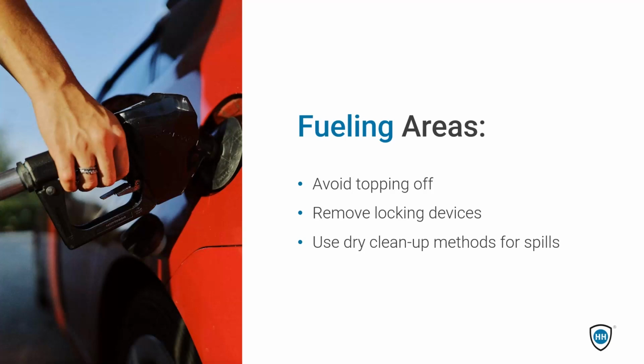So this is if you're able to pull up the handle on the fuel dispensing valve and then flip down the lever and walk away, that can be a problem, because if it doesn't stop in time, you're going to have an overflow and you're going to have a mess to clean up. And when you do have a spill, looking for dry ways to clean it up. And dry methods are usually absorbents.